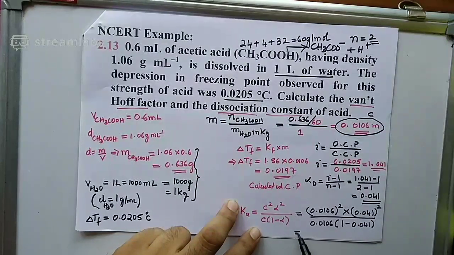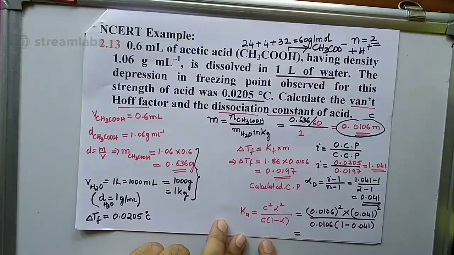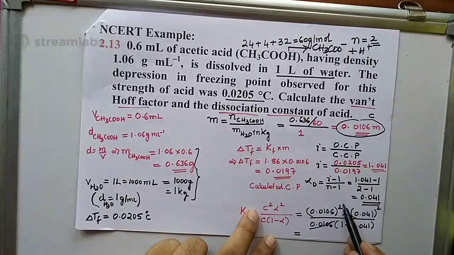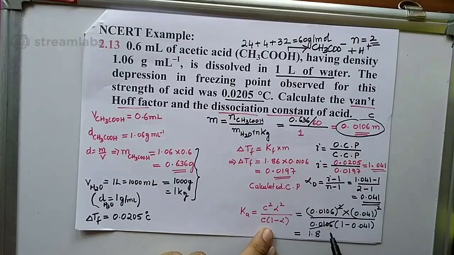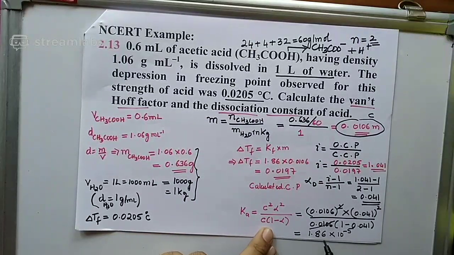So we substituted all the values into the formula Ka equals C square alpha square divided by C into 1 minus alpha. Now you can solve this using a calculator. This can be approximated, this square can be cancelled. The value of Ka, if you solve it using a calculator, comes out to be 1.86 into 10 to the power of minus 5. Solve this using a calculator, students. You'll get the answer 1.86 into 10 to the power of minus 5. Is it clear? Just have a look at the solution, students.